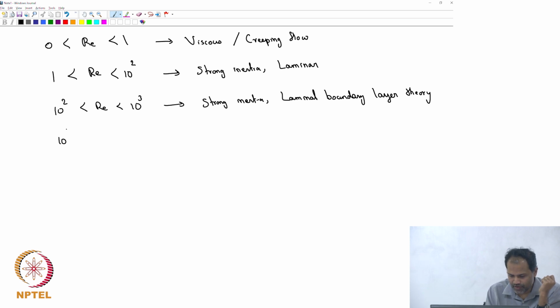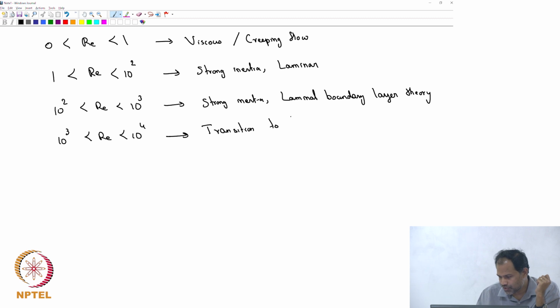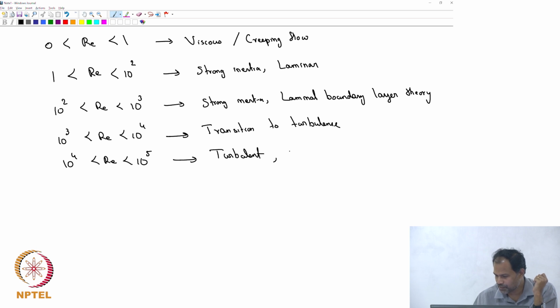If it's between 10 raised to 3 and 10 raised to 4, this is when you have transition to turbulence. And when it is 10 raised to 4 to 10 raised to 5, this is turbulent, and one could say moderately Reynolds number dependent.